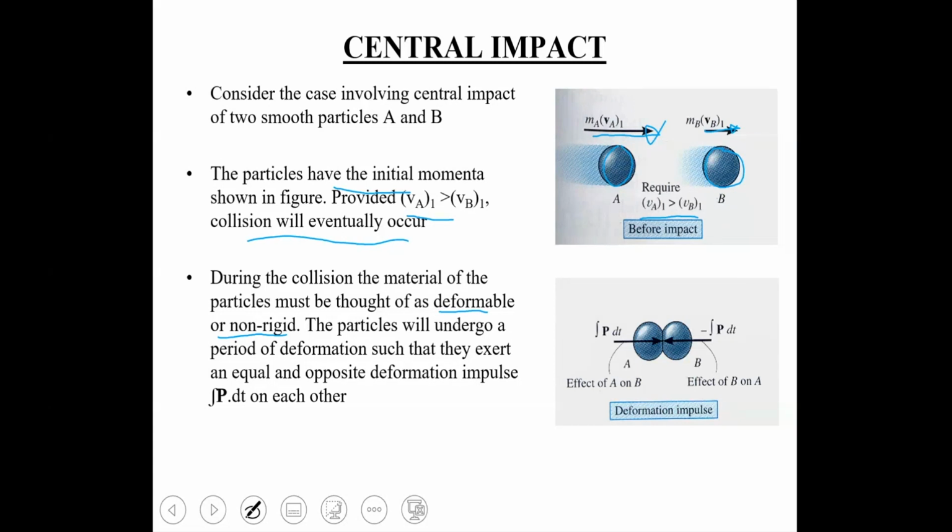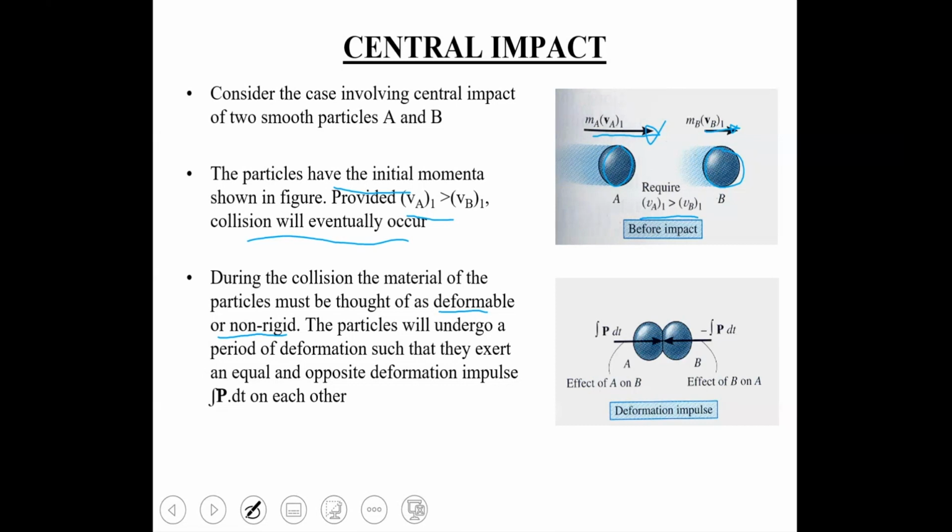Deformable से क्या मुराद है कि इसमें थोड़ी बहुत deformation होगी, उसके बाद फिर material properties involve होंगी जो कि इन particles को अपनी original shape पे वापस लाना चाहेंगी, और फिर ये particles उसी original shape पे वापस आने की वजह से separate हो जाएंगी और मुख्तलिफ velocities के साथ rebound होके मुख्तलिफ directions में along the line of impact जो है वो travel करेंगे.